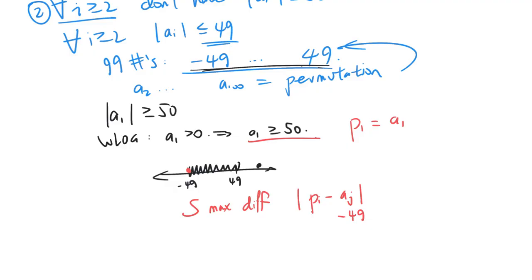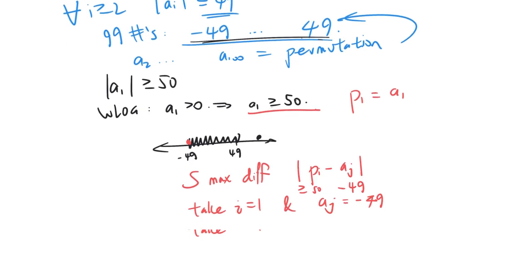Then we know that P_1 is at least 50, and some A_j is -49, which means we can take i equal to 1 and A_j equal to -49 to obtain a candidate difference that makes S at least 50 minus -49, which is equal to 99.